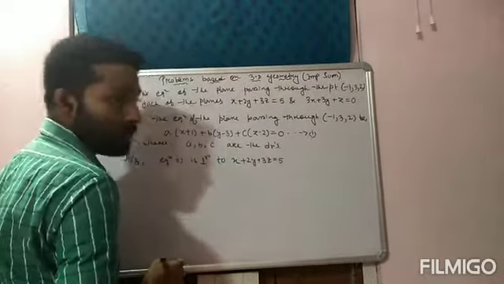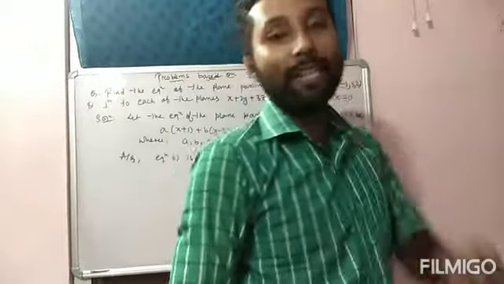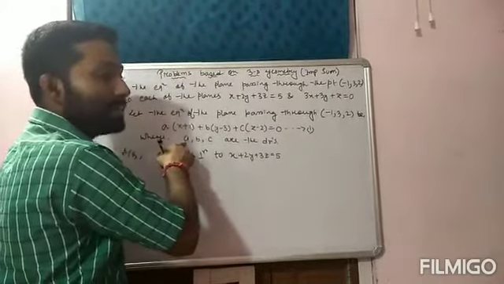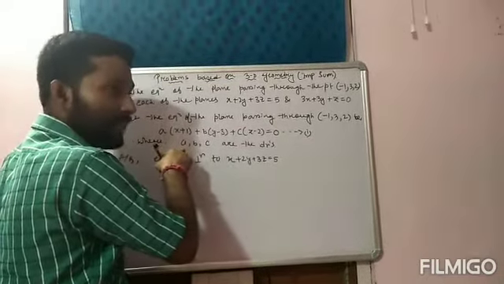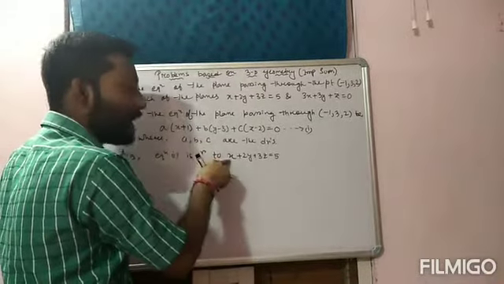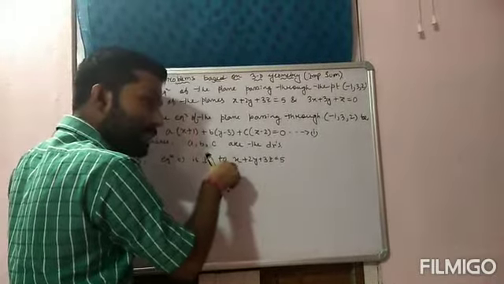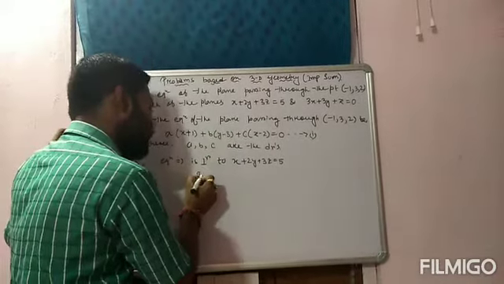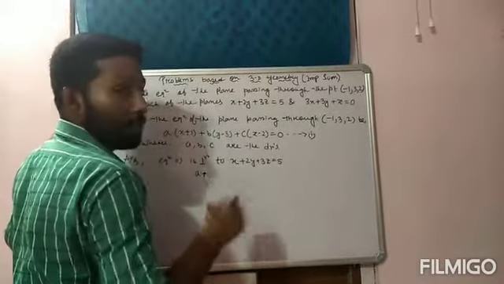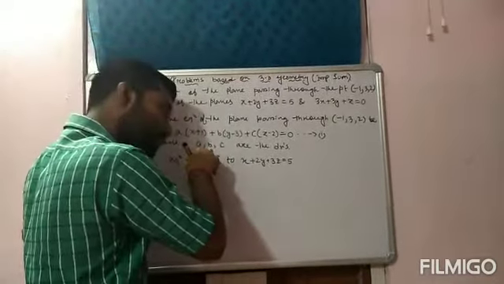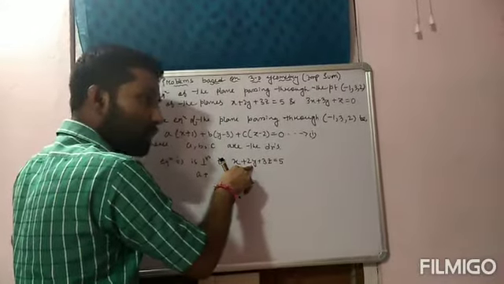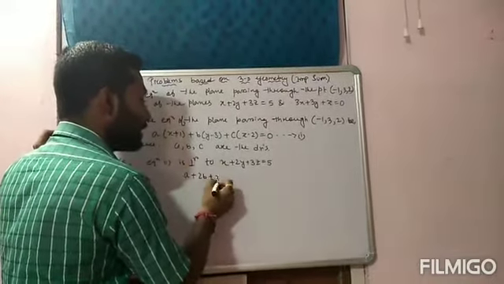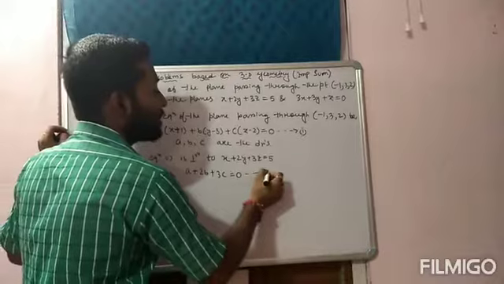Therefore we can write, what is the condition of perpendicularity if the two planes are perpendicular? a1 into a2. a1 means the direction ratio of the first equation, that is a only here. a2 means the coefficient of x in this equation. What is the coefficient of x? That is 1. So 1 into a is a, plus b1 into b2. b1 is here b only. b2 means the coefficient of y from the second equation, so b into 2, that means 2b, plus c into 3, that is 3c, equal to 0. Say this is equation number 2.